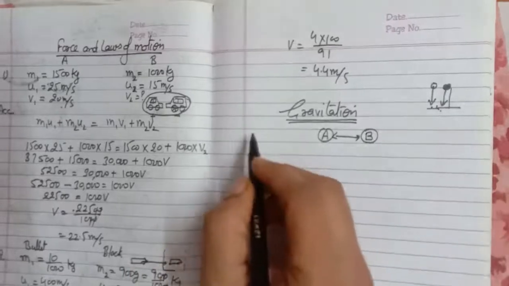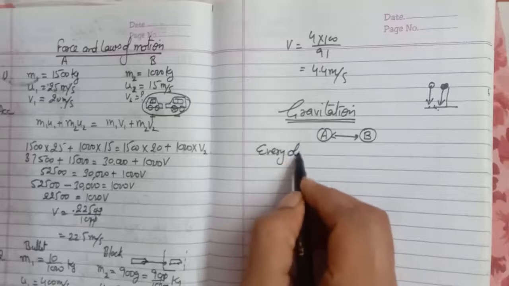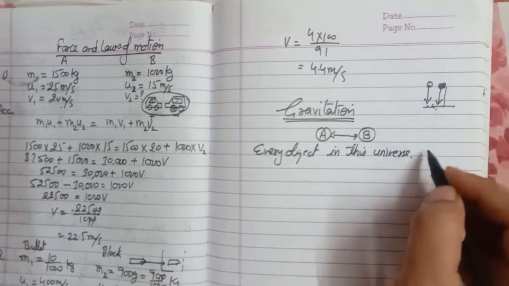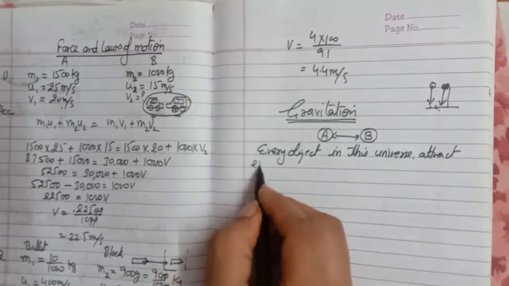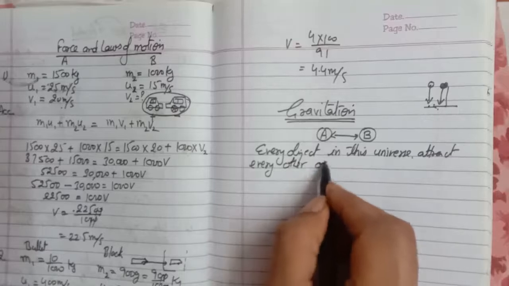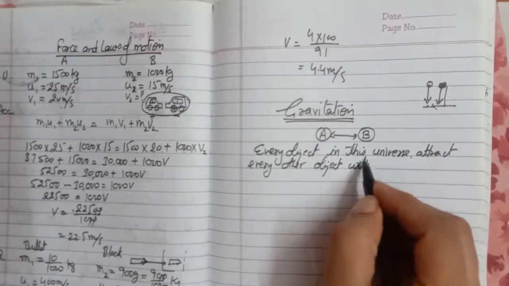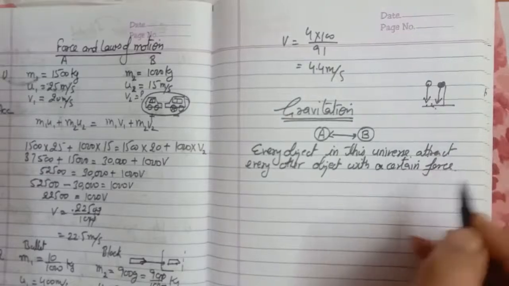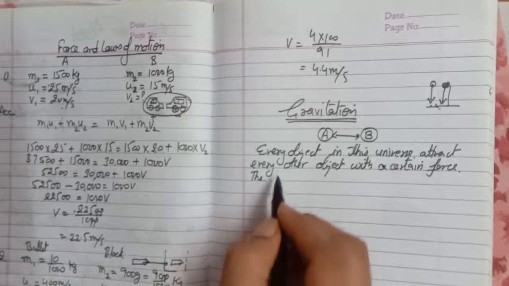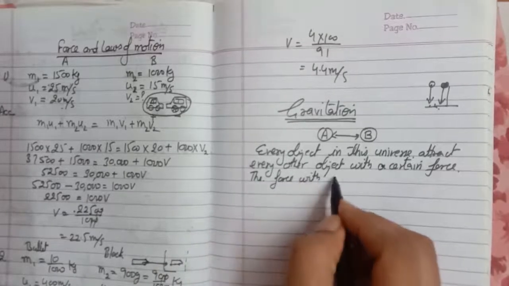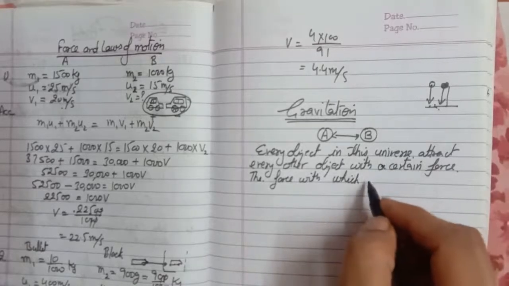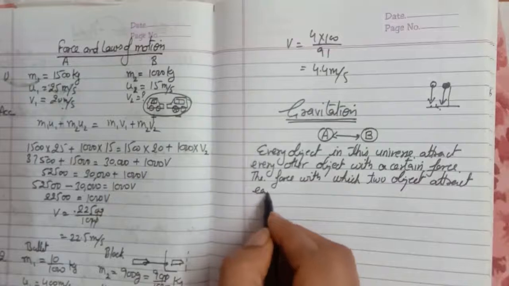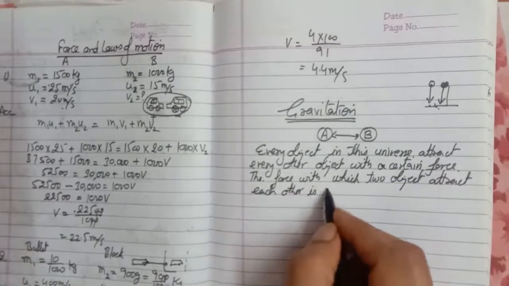So according to Newton, every object in this universe attracts every other object with a certain force, and the force with which two objects attract each other is called the gravitational force.